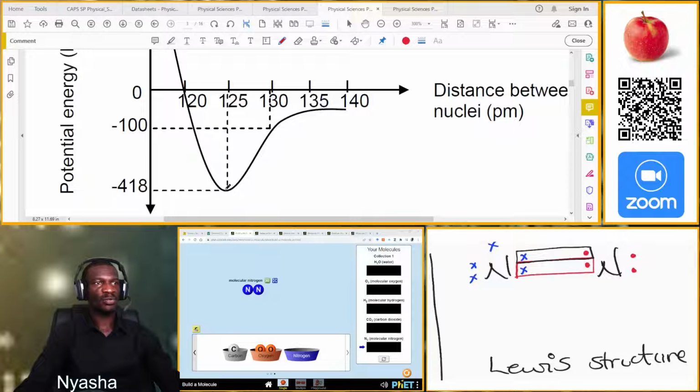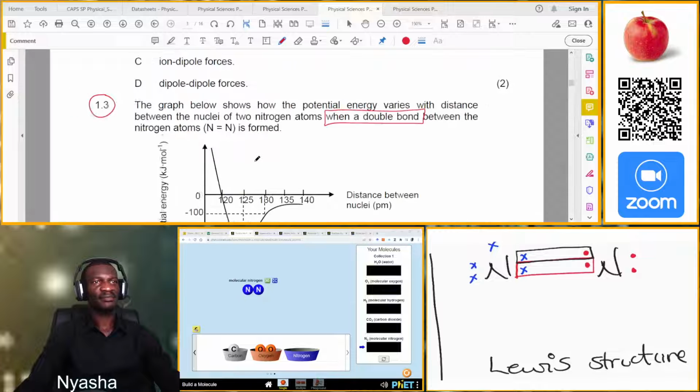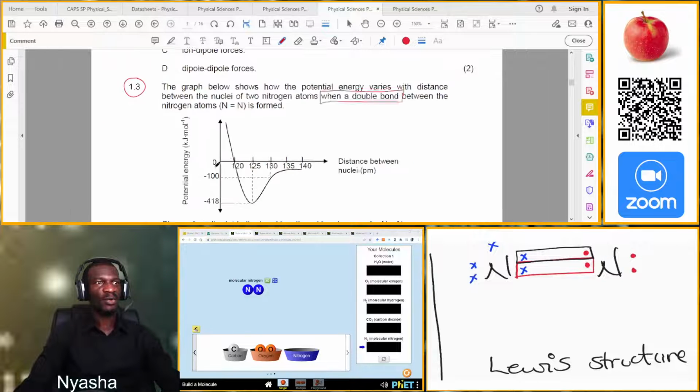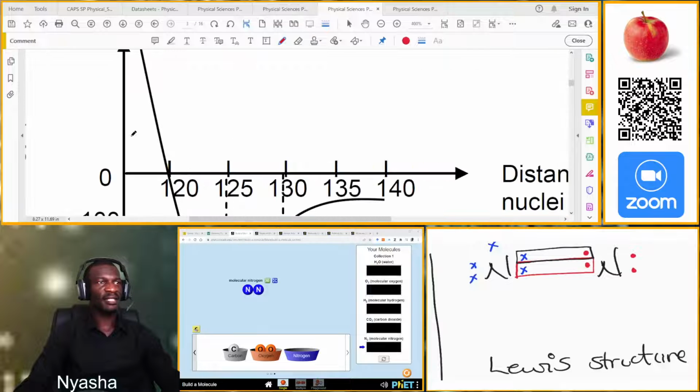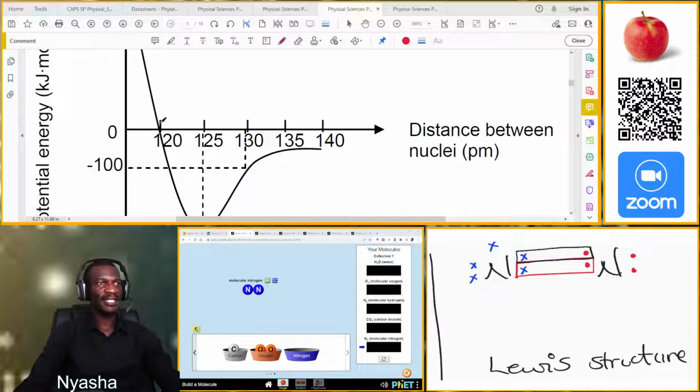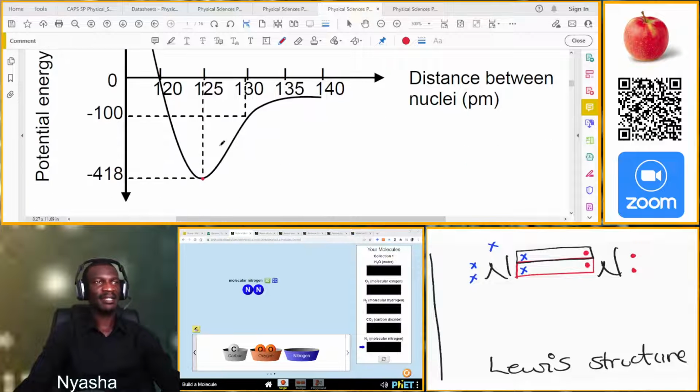So obviously, if you want the stable state, R, the distance between the nuclei, is still increasing, right? When the distance is very, very close, almost nearer to 0, the potential energy is way too high. Potential energy becomes 0, in this case for nitrogen, at 120 picometers, right?